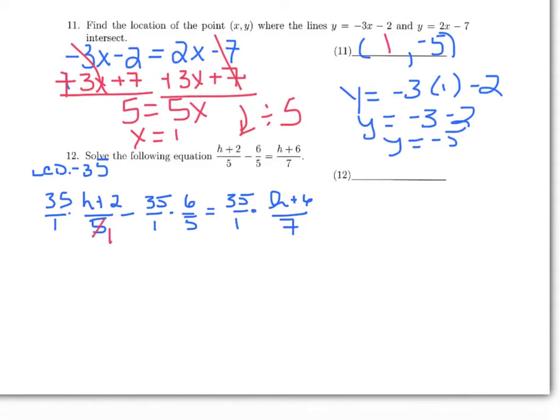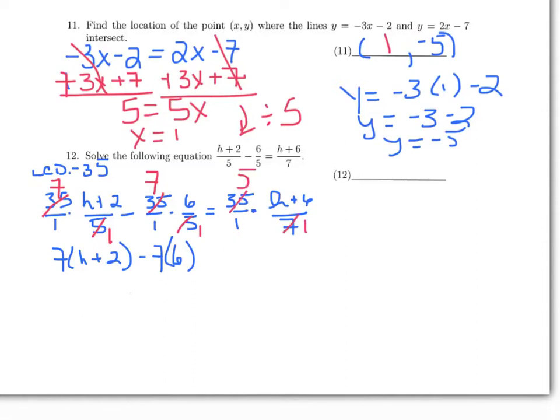5 divides this once, divides 35 7 times. That gives us 7 times h plus 2. Then 5 divides this once, divides this 7 times. That gives us 7 times 6. And 7 divides this once, divides this 5 times.